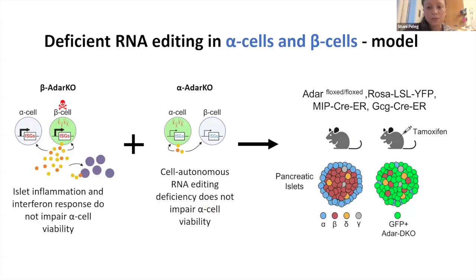To do this, we used a third mouse model with Adar knockout in both alpha cells and beta cells, our Adar double knockout mice. And we wondered whether a combination of an immune attack triggered by beta cell Adar deletion with cell-autonomous processes induced by alpha cell Adar deletion would finally lead to alpha cell death.